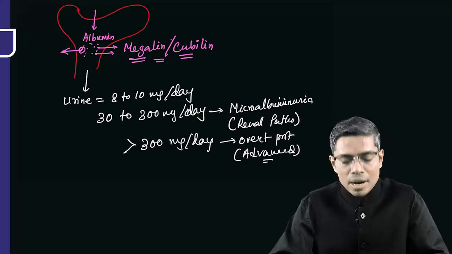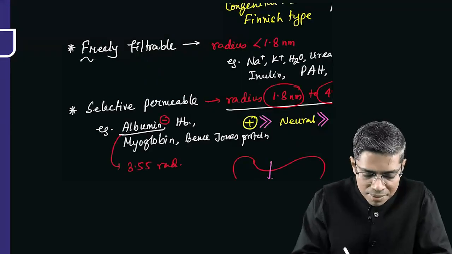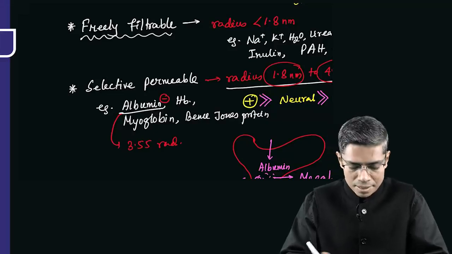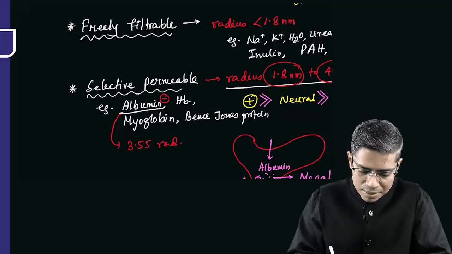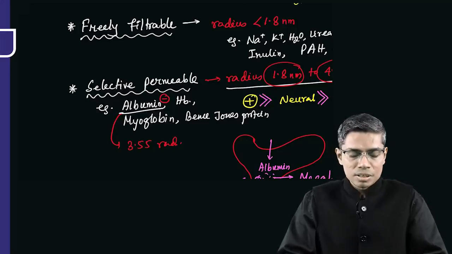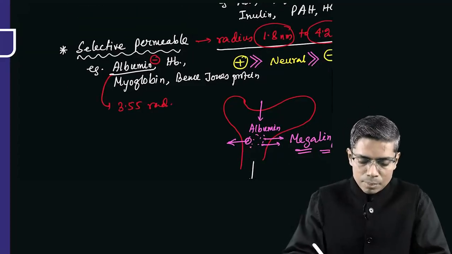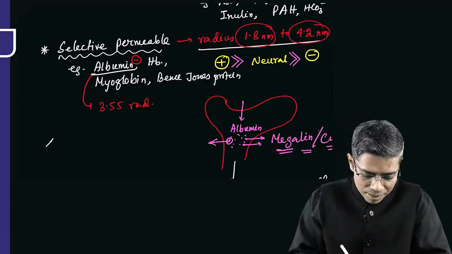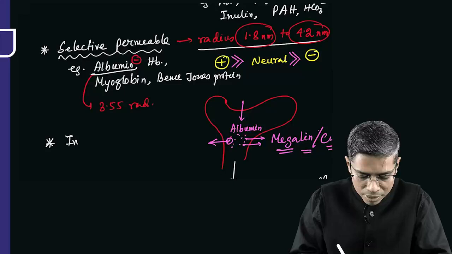So you have to remember that freely filterable substances means they will be easily filtered without any hindrance. Selective permeable substances means the filtration will depend on the charge of the molecule. And if the molecular radius is beyond 4.2 nanometer, then they are known as impermeable substances.